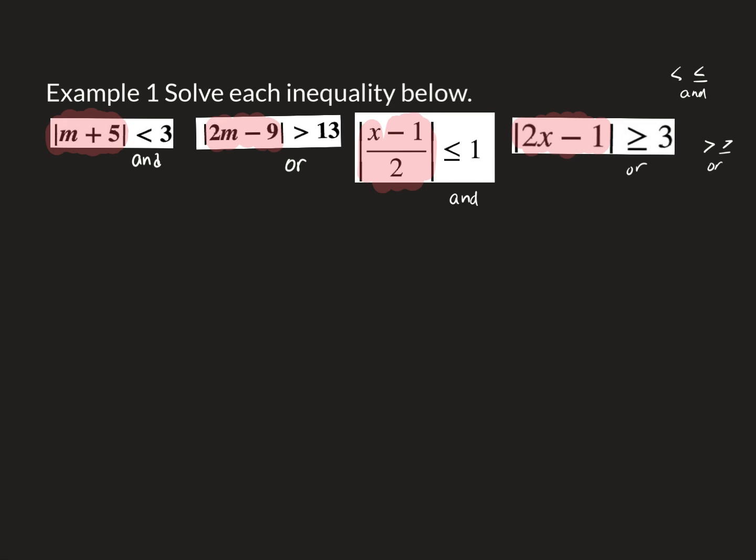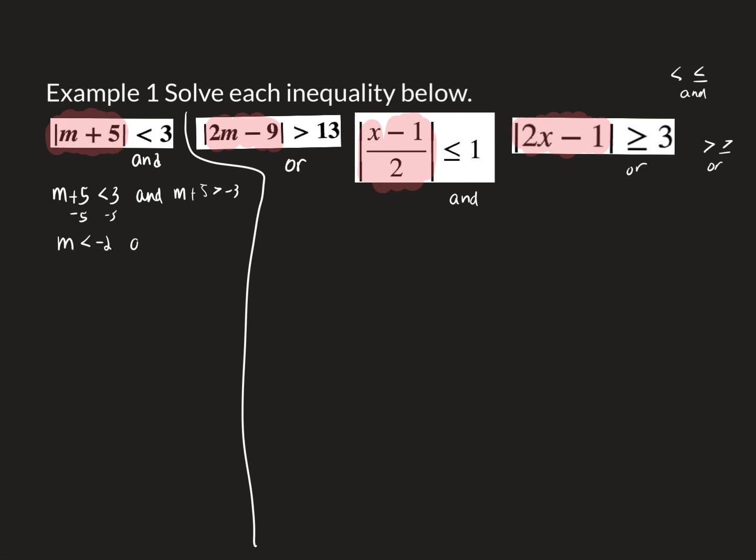So I'm going to solve this one. M plus 5, you take away the absolute value just like we did when we were solving equations. M plus 5 is less than 3 and M plus 5 is greater than negative 3. And I'm going to solve both of those. I'm going to subtract 5. M is less than negative 2 and M is greater than negative 8.